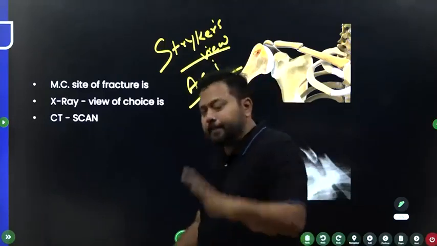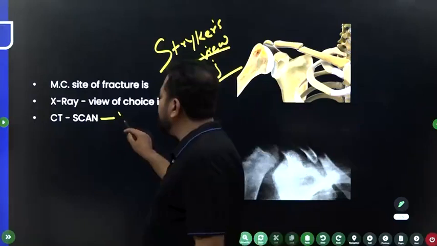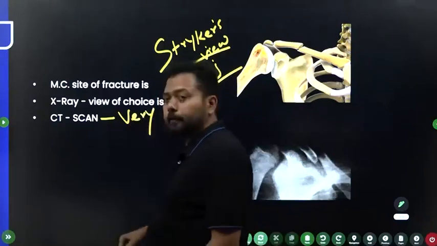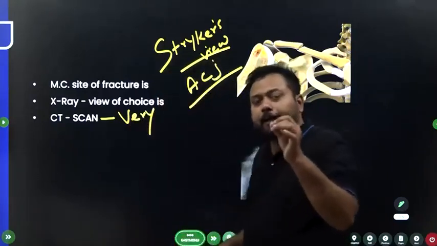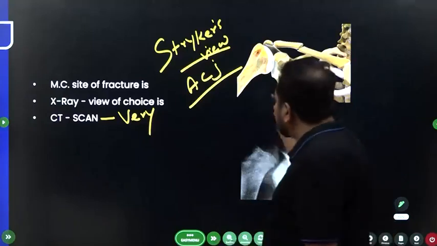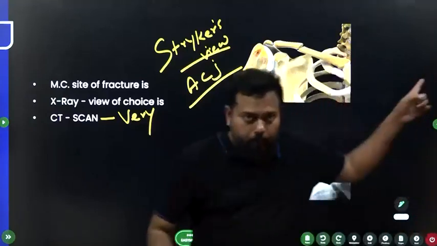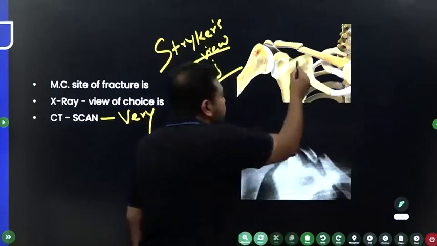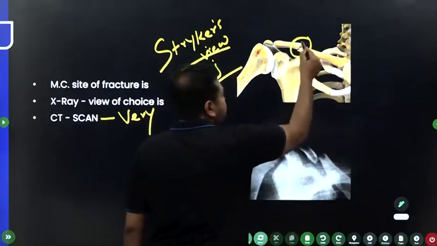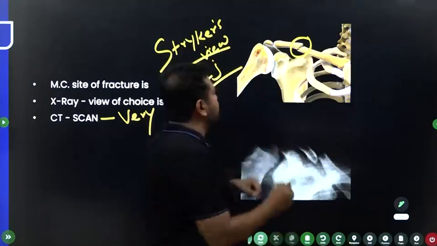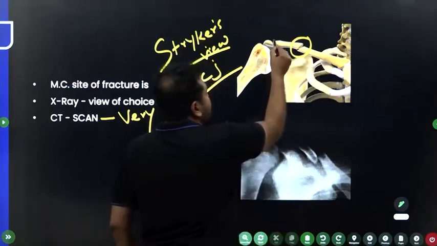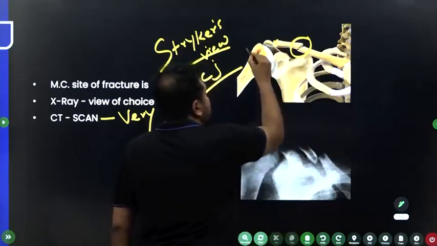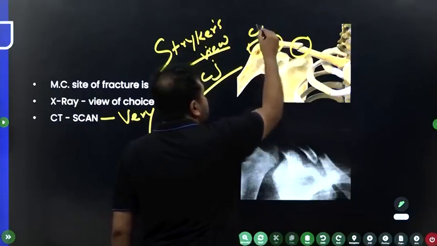Okay. CT scan, is it useful? Very useful if you have a fracture clavicle in the lateralmost end. Look at this diagram. This is the normal site, where 90% of fractures happen. Suppose the fracture happens at this site, CT scan is the best.